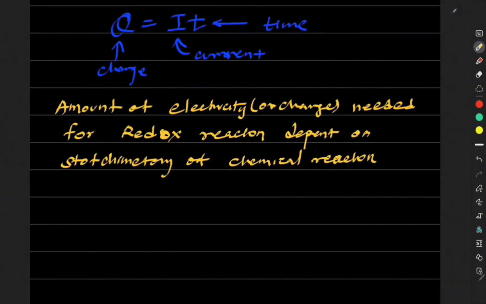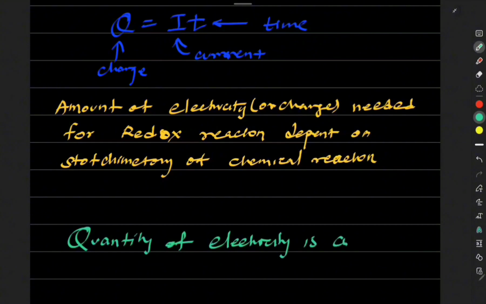The quantity of electricity is called the Faraday, which is a constant.